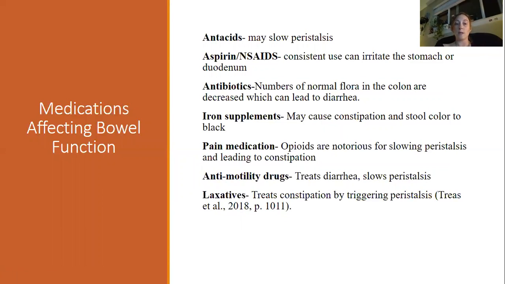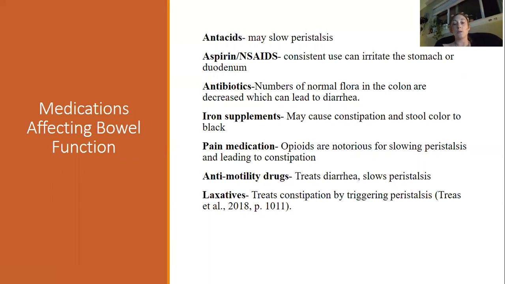And here we have some medications that affect bowel function. Antacids may slow peristalsis. With consistent use, aspirin and NSAIDs can irritate the stomach or the duodenum. With antibiotics, the numbers of normal bacteria and flora in the colon are decreased, which can lead to diarrhea. Iron supplements may cause constipation and make the stool color more black.